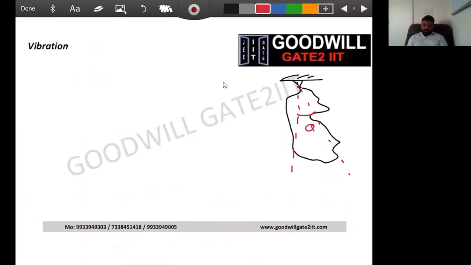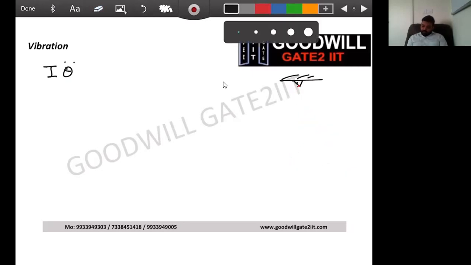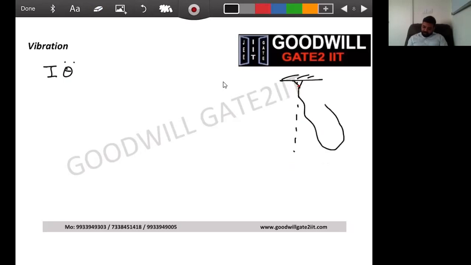Because there is a rotation, I'll write the I theta double dot term. Now, guys, please listen to this point. I'll draw a better figure. So this is the equilibrium position, and your pendulum, let's say, is here. Just to make you understand, I'm drawing a better diagram. So this angle is theta.